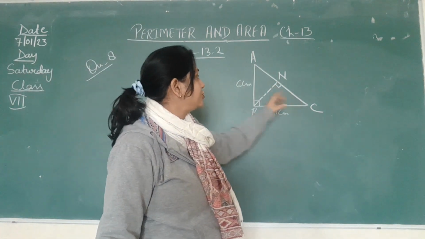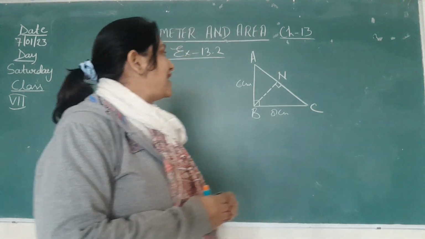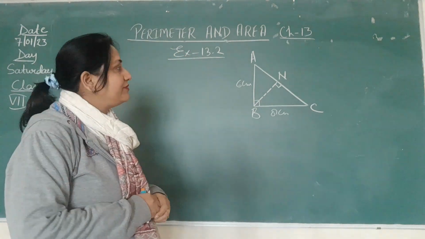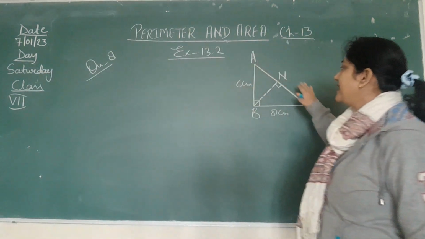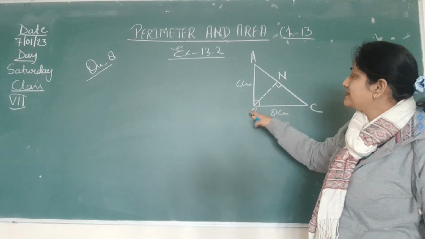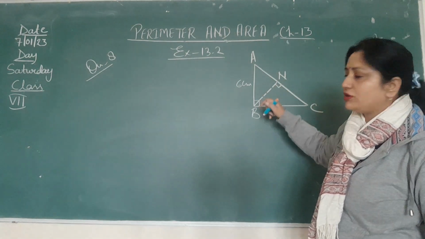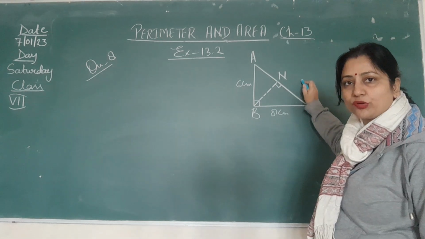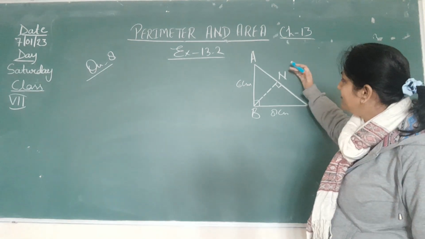On this side, BN is a perpendicular, you have to find this length. So for finding the length of this perpendicular, first of all we have to find the length AC of this triangle. Because this is a right angle triangle, we know that the side opposite the right angle is known as the hypotenuse. It means we have to find the hypotenuse.